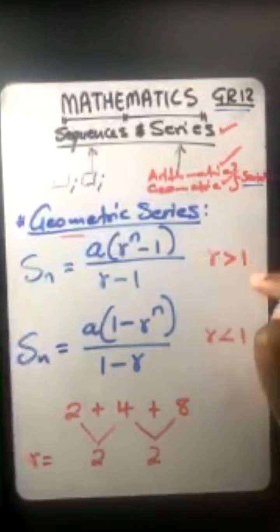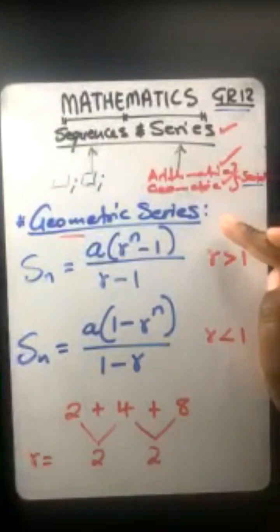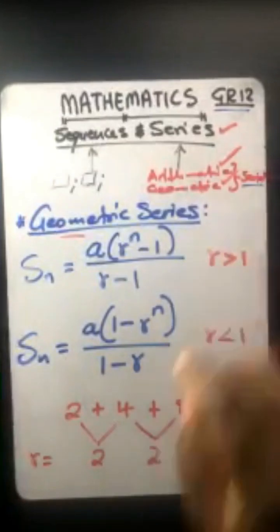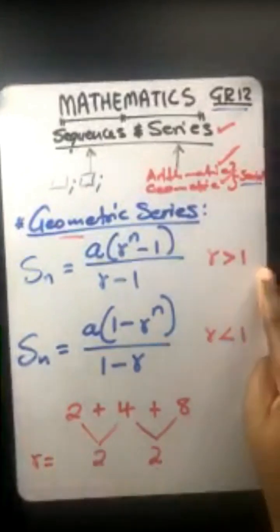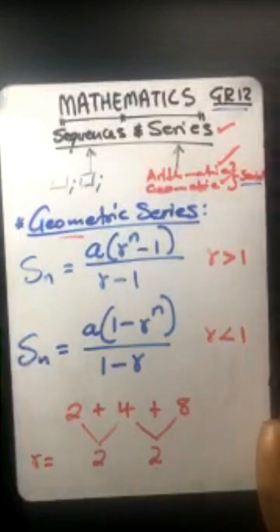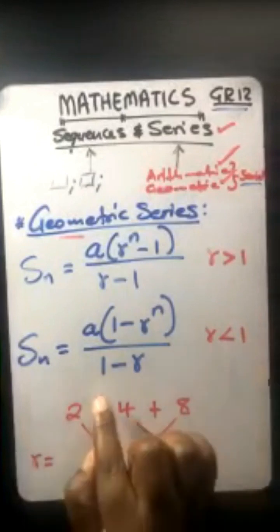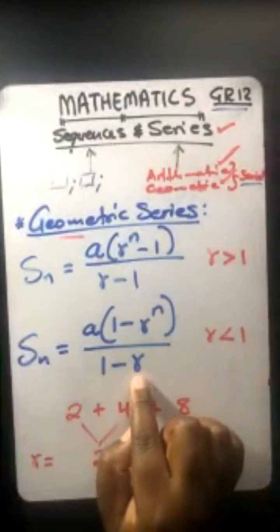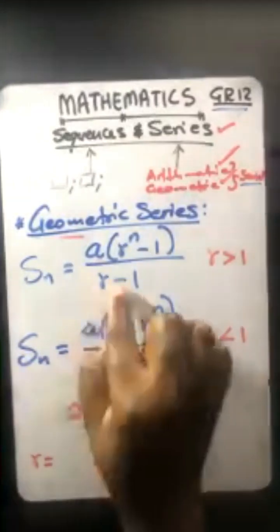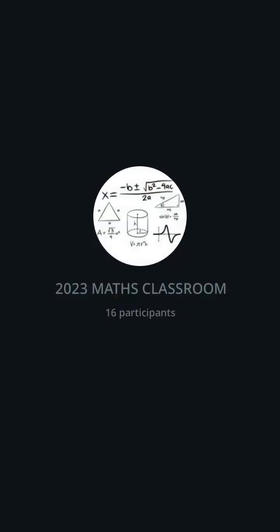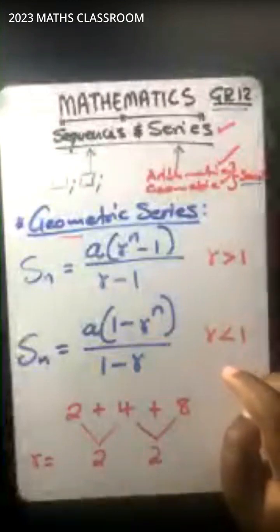So it means when you're dealing with geometric series, you will find your r is either greater than or less than 1. It can't be 1 because the moment you have 1, you're going to have 1 minus 1, which gives you 0, and then the whole of that gives you an error, because anything divided by 0 gives you an error.